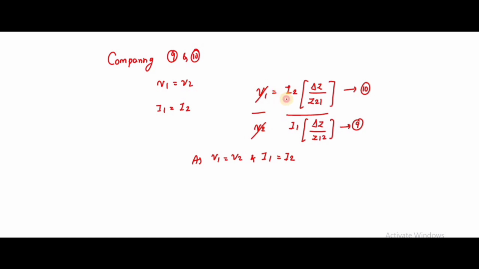So you get 1 is equal to Z12 divided by Z21. So that is equal to Z12 is equal to Z21. So this is a condition for reciprocity.